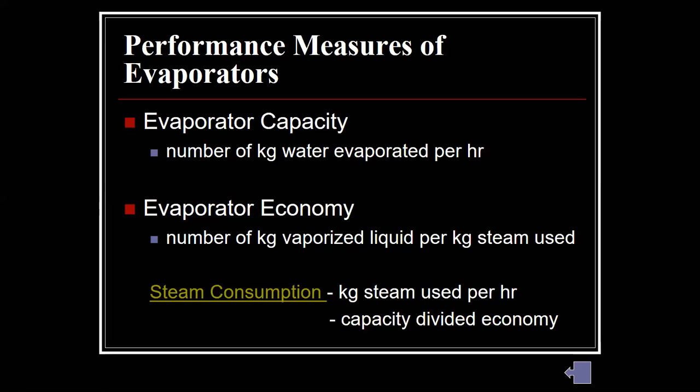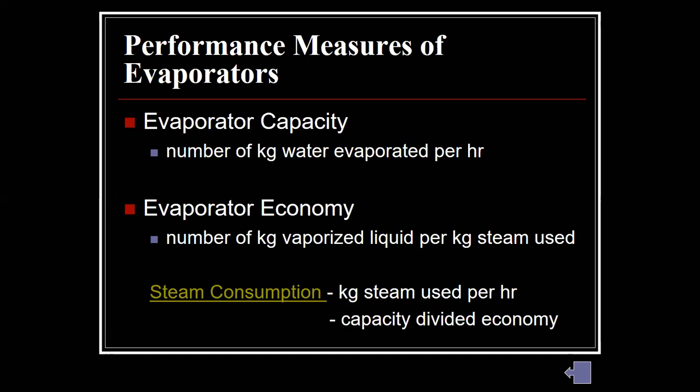Now, this is the part where we ended in the first discussion, and this gives you the performance measures of evaporators. Number one is its capacity to evaporate water from the solution or the feed that is to be concentrated. And second, this is actually referred to as steam economy, which can also be defined as evaporator economy.